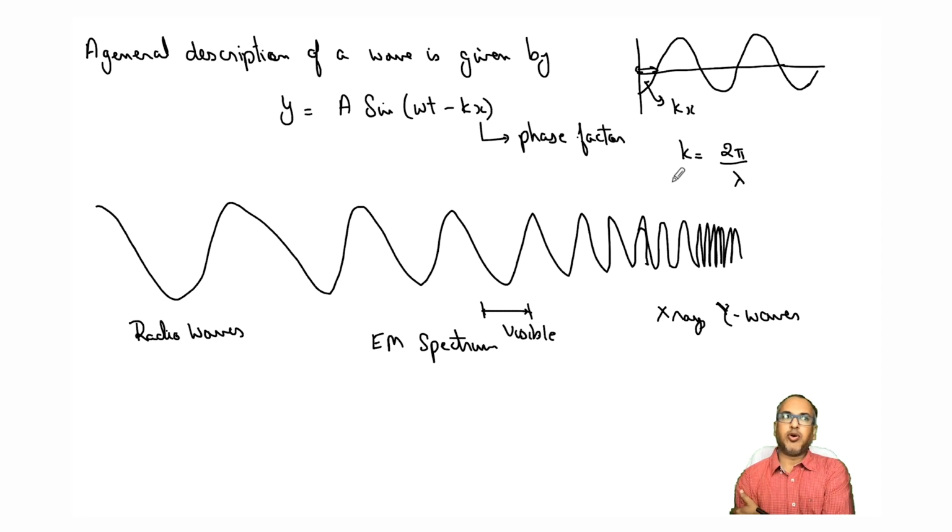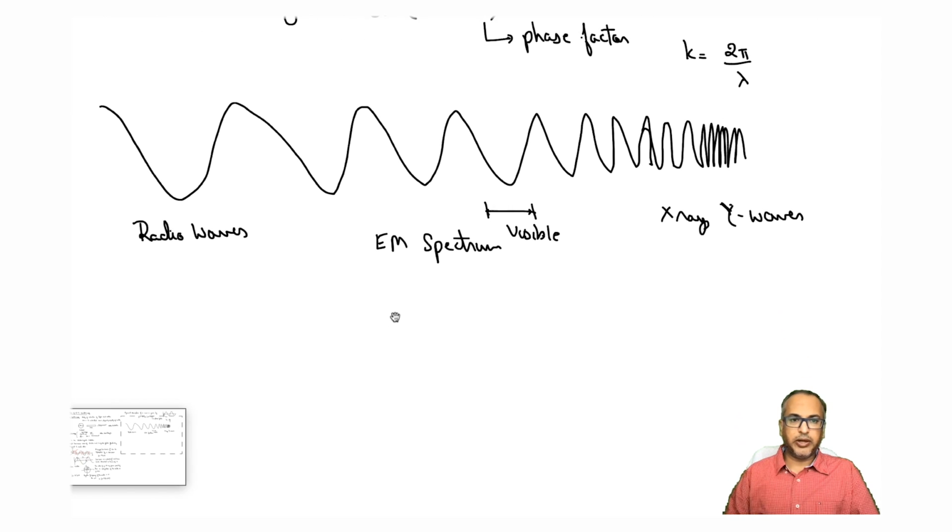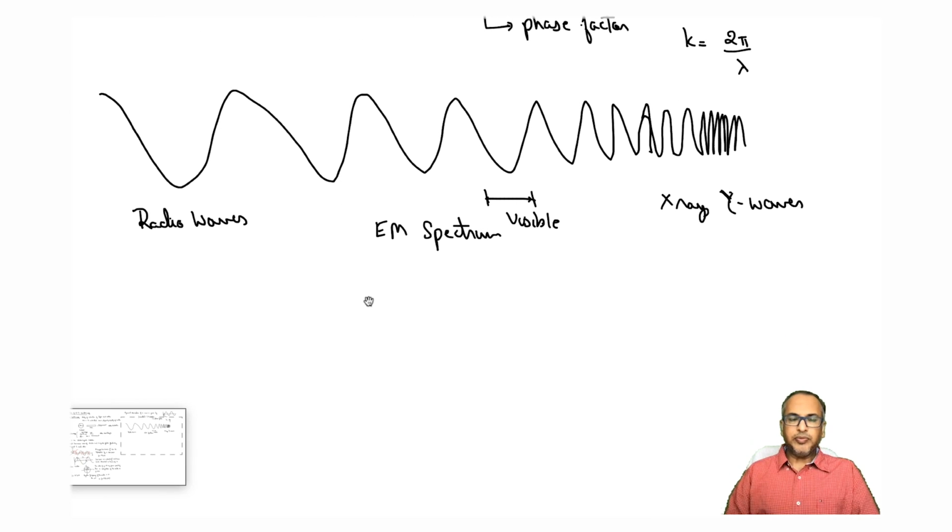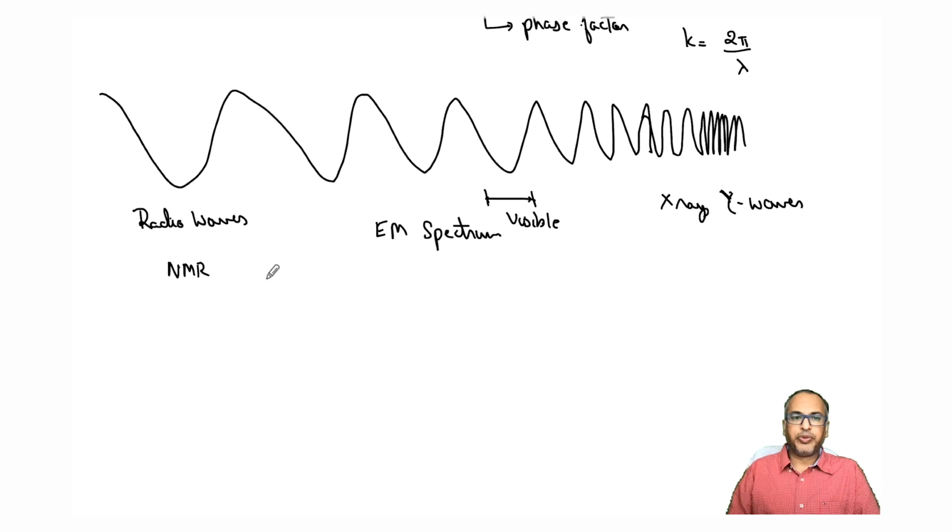What you have to do is always measure a change in some particular property, and from there you draw correlations to understand the physical property you are trying to understand. Okay, so what you do here is, let's say you're shining radio waves, so you're doing NMR spectroscopy or EPR spectroscopy.